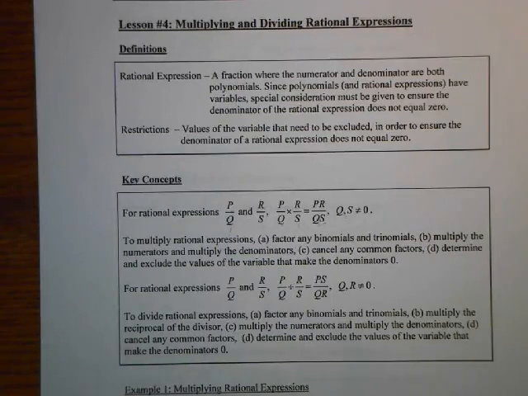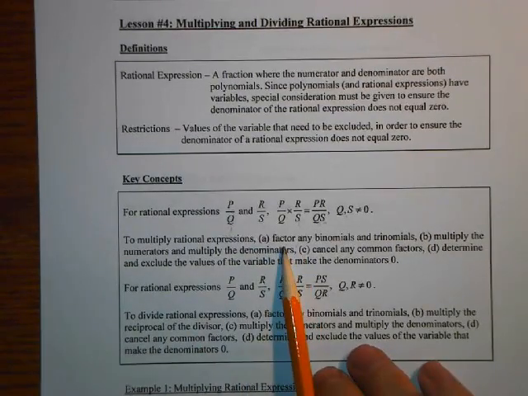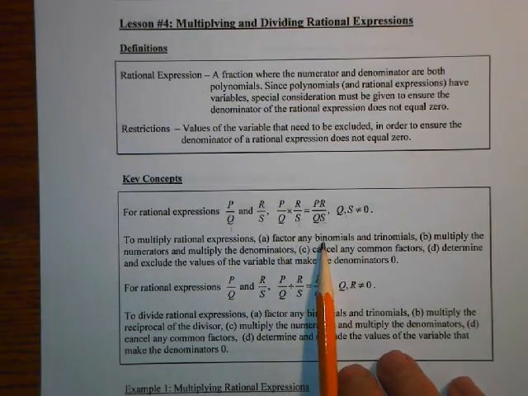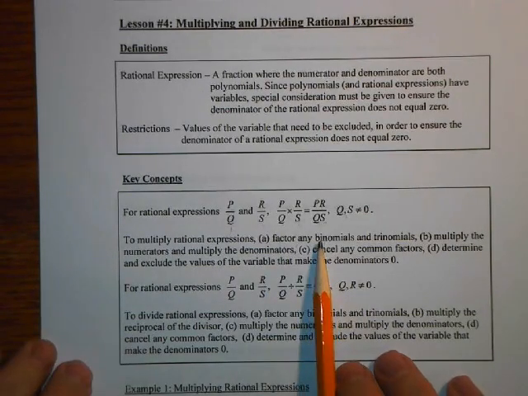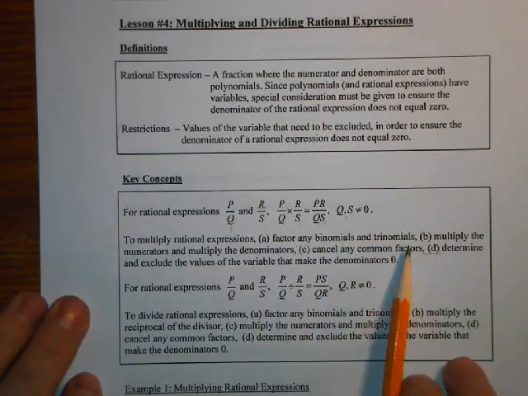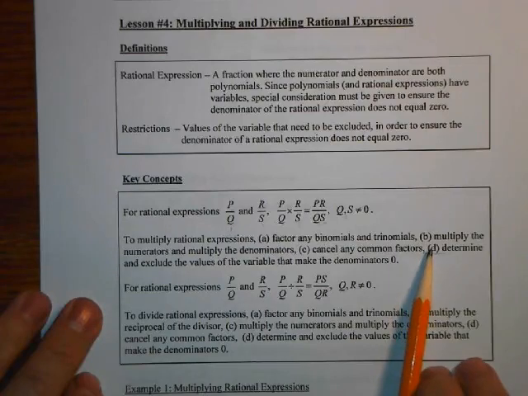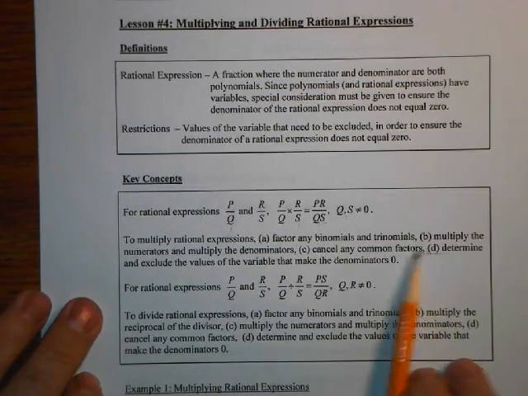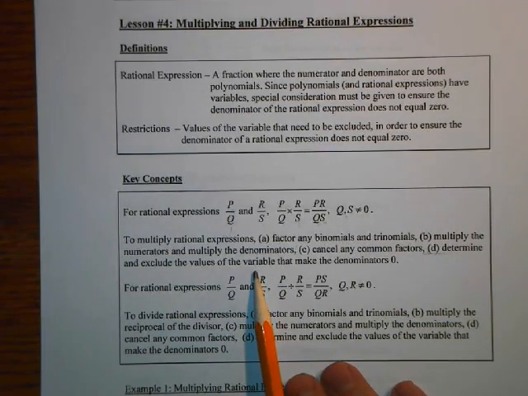So that's basically how we do it. To multiply rational expressions, just like when we simplified, the first thing you do is factor anything that's degree 2 or higher. In fact, you could common factor anything. So you're going to go through the whole factoring process on the top of each rational expression and on the bottom, and come up with your factors. Once we've got them all factored as much as we can, we multiply the numerators together to get the solution's numerator, and then multiply the denominators together to get the new denominator.